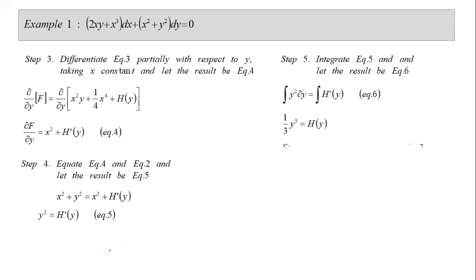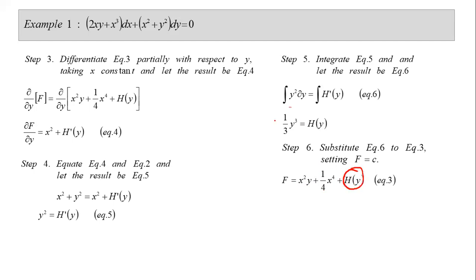So then step 6, substitute equation 6 into equation 3, and set capital F equals c. Remember our equation 3 is F equals x squared y plus 1/4 x to the 4 plus h(y), and then we shall replace h(y) by 1/3 y cubed, and this F by c, and eventually we arrive at our final answer.